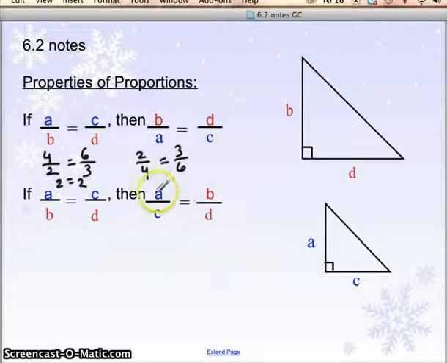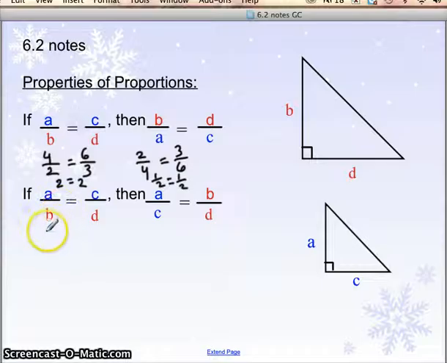If you reduce these two fractions, 2 divided by 4 reduces down to 1/2. And same thing here, 3 divided by 6 also reduces down to 1/2. So they are still equal. I can set up a proportion this way, or I could set it up this way, and they'll still equal one another. They'll still work. So that's the reciprocal property.